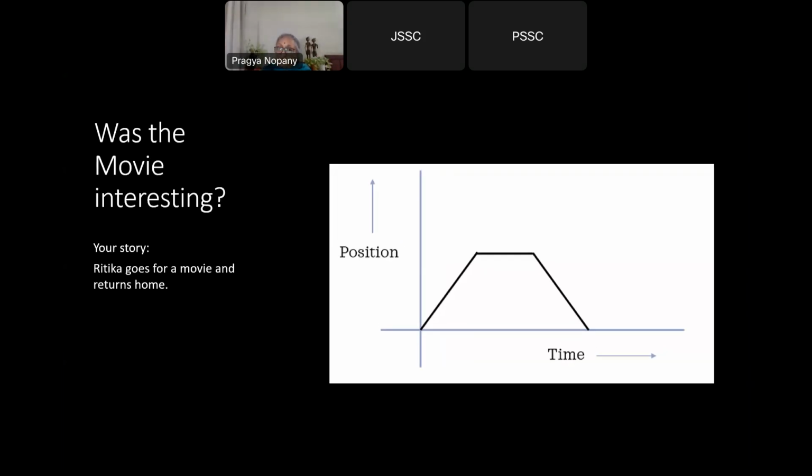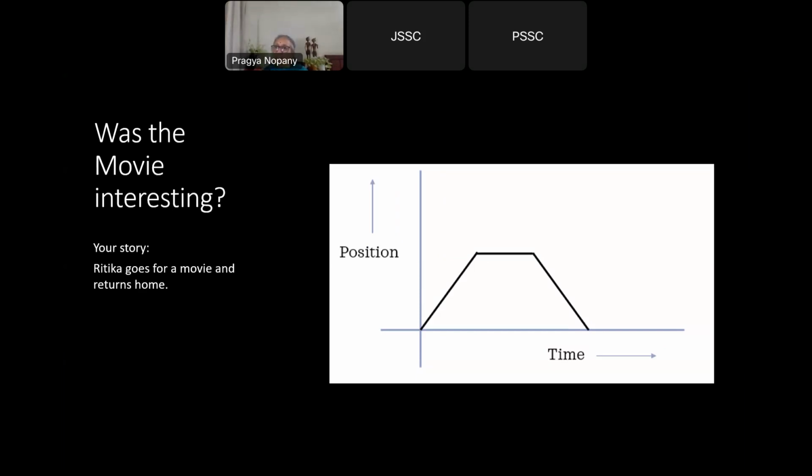Not only that, supposing somebody says Ritika goes for a movie and returns home. Now, can you ask, was the movie interesting? Will you be able to answer this question if asked? Was the movie interesting? Write in the chat box.